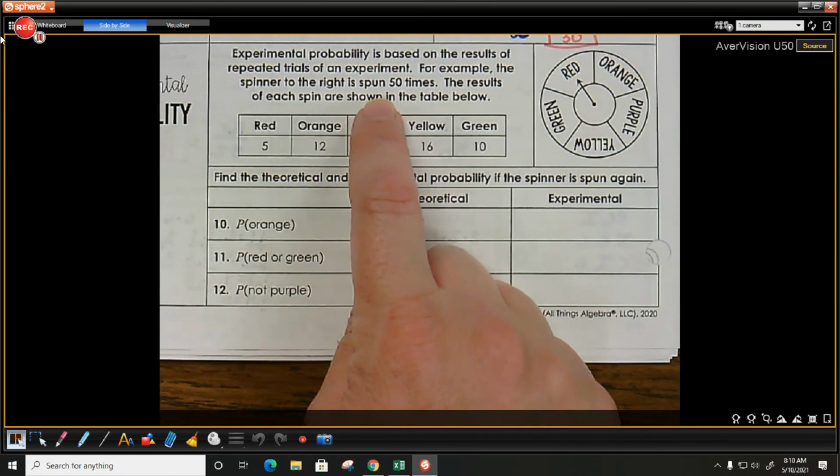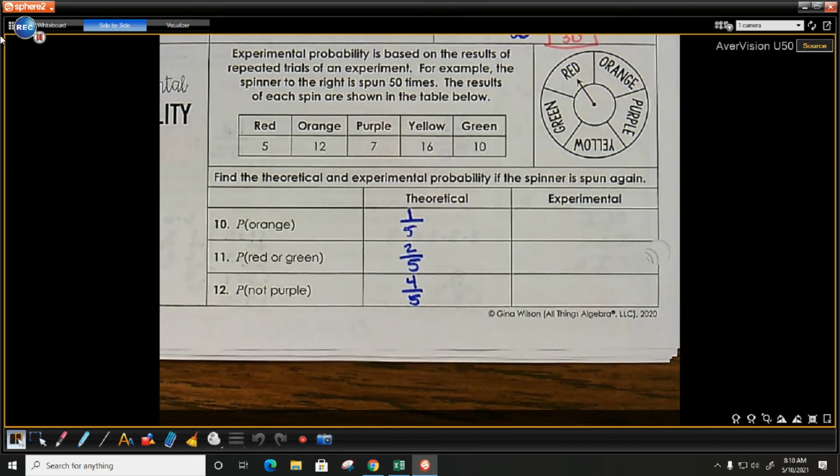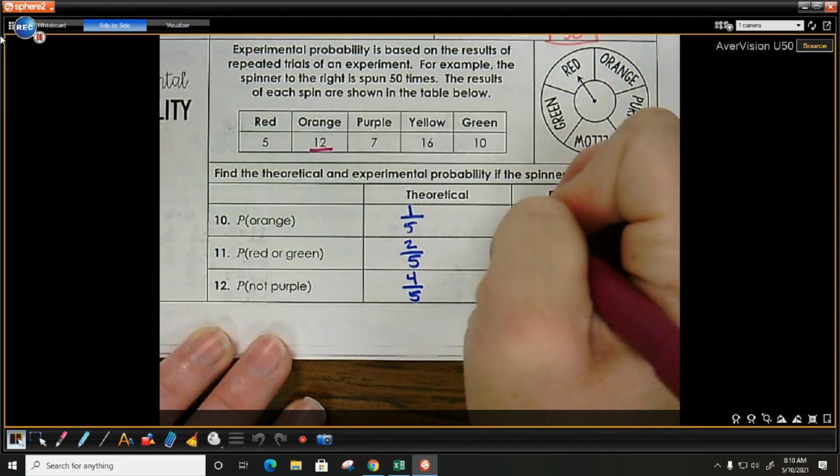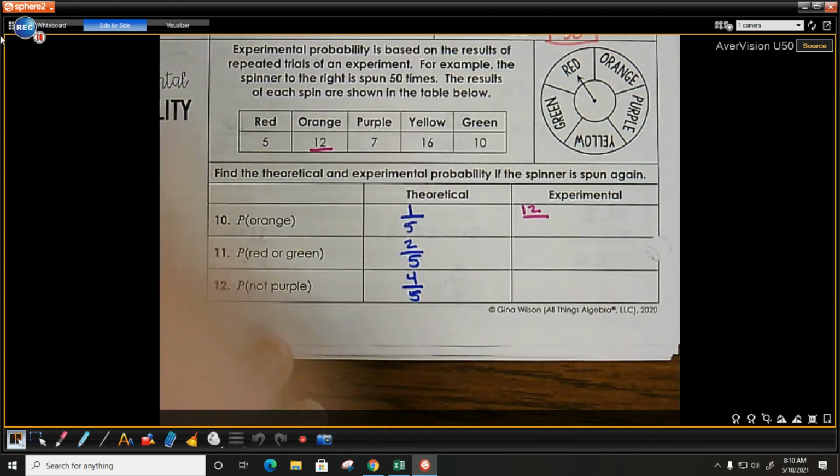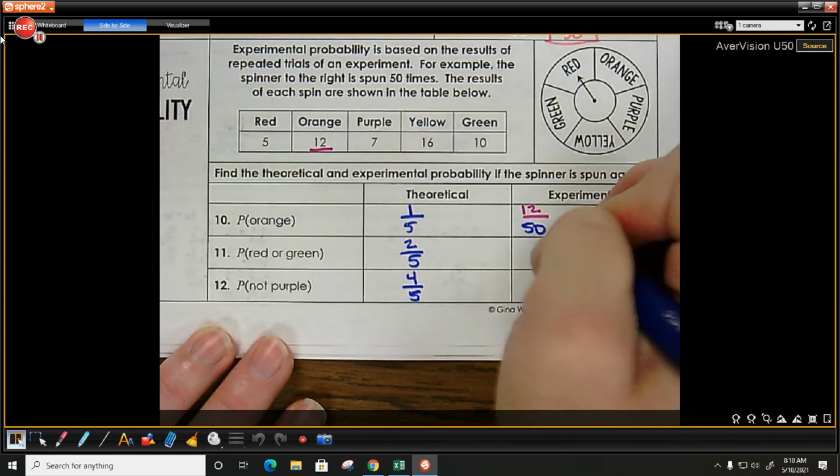Okay? How many orange did they get? 12 orange. So, 12 over 50, which simplifies to 6 over 25.